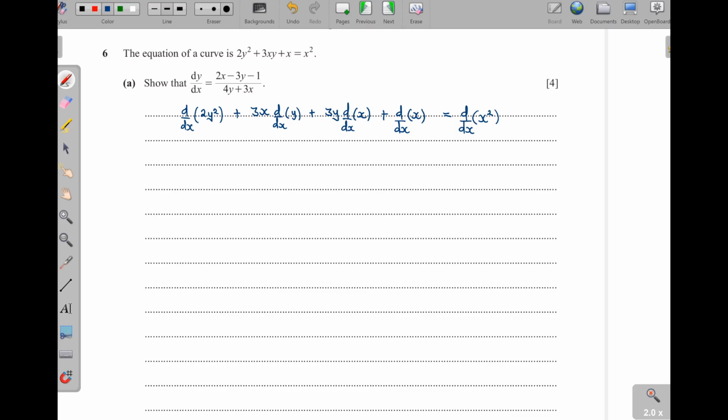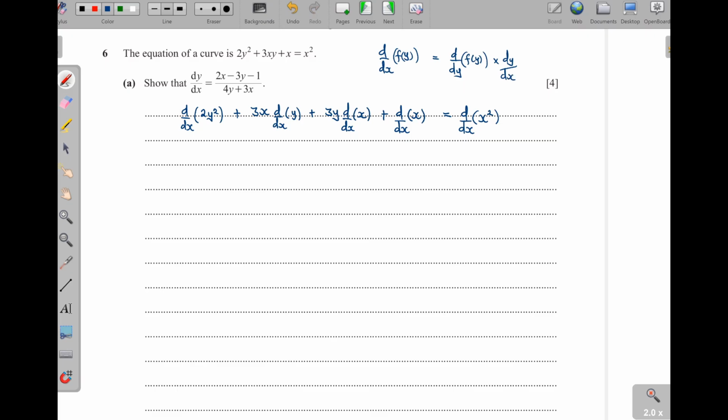Now here, when we are differentiating a function in y with respect to x, we first differentiate that function with respect to y, then we multiply by dy/dx. Why are we doing so?